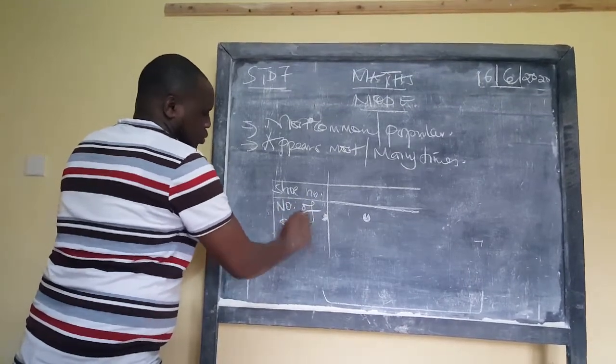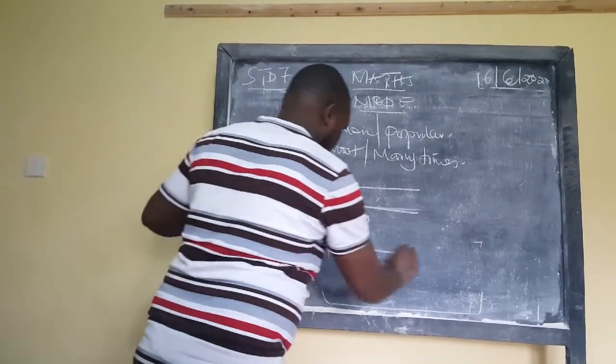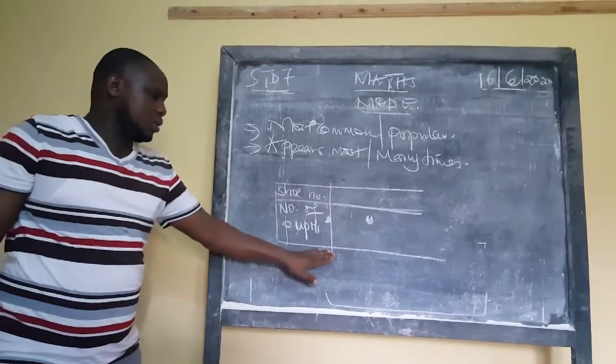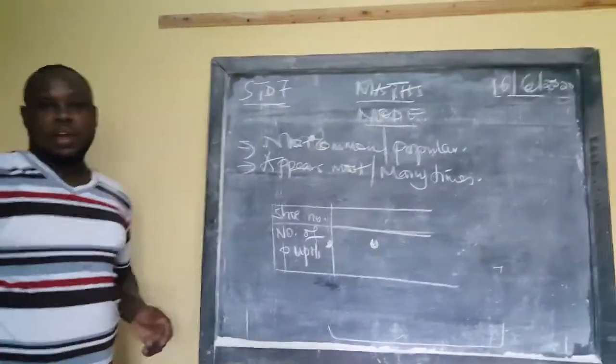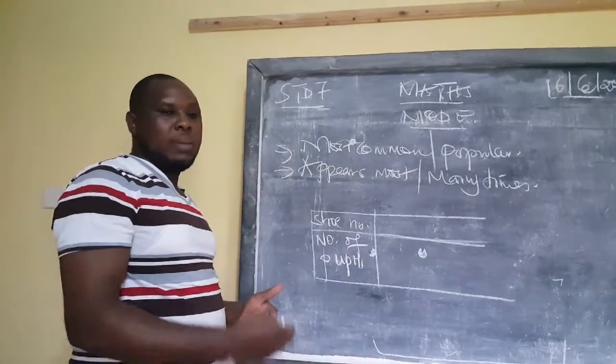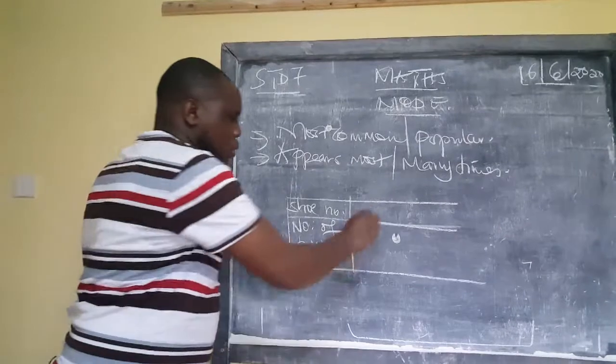In a school, a person decided to give the learners some shoes. So they went and did a survey to know, maybe in class 7, how many pupils wore each shoe number.